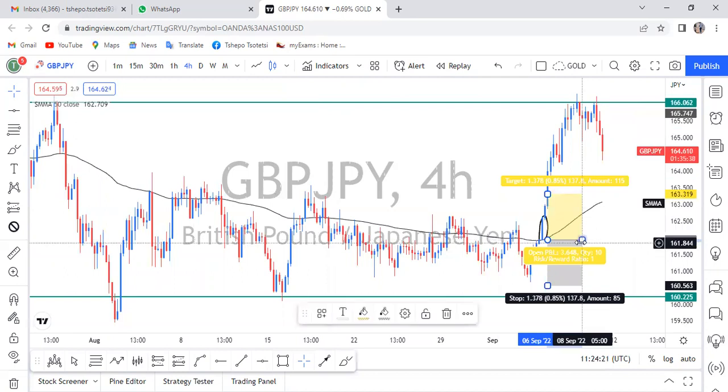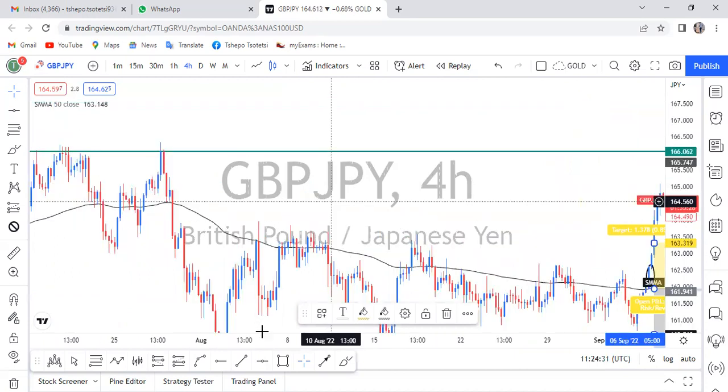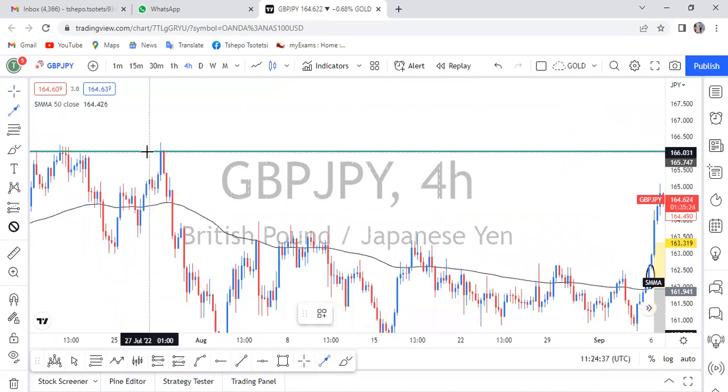Where are you going to exit? Our support and resistance, we can use it for entry and we can use it for exit. So where we're going to exit, we're going to look at this level here. We look left at this level and say, okay, when price got here, it did reject. So our next take profit will be here, because when price gets here, what does it do?